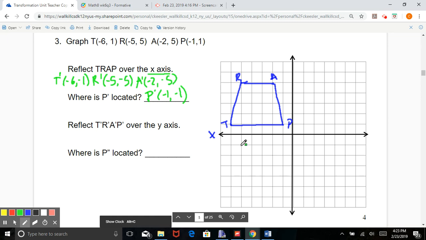So again, t is -6, -1. Label it t prime. R is -5, -5. 1, 2, 3, 4, 5.